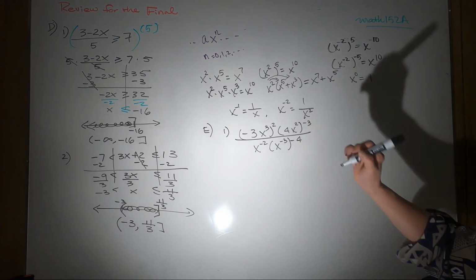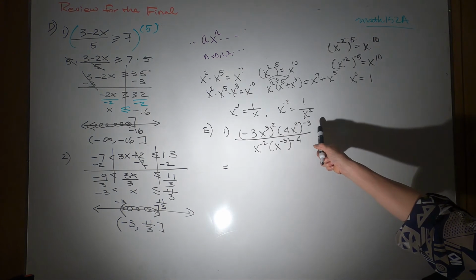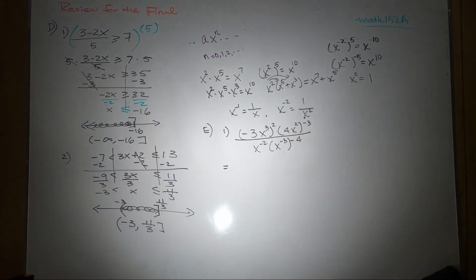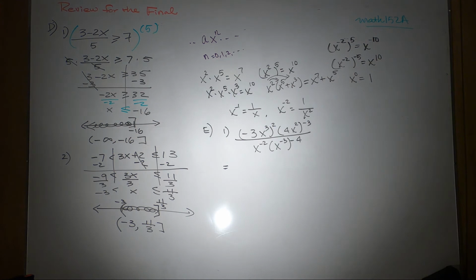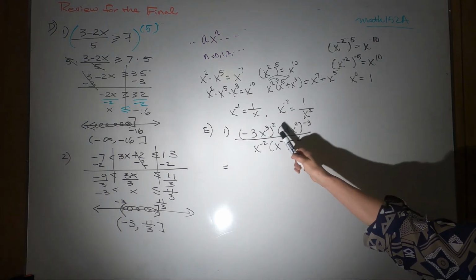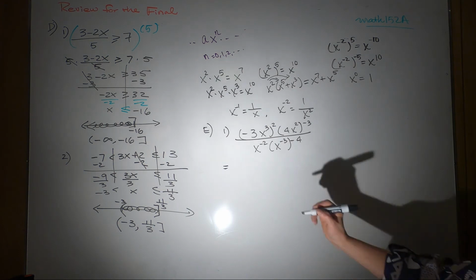So if we simplify this, what do we need to do? Too many x's, too many powers. So the simplest form is what? Just a simple fraction. One numerator, one denominator, right? Numbers with numbers, and if it's x, you should have one variable, the same variable with one individual power, right?